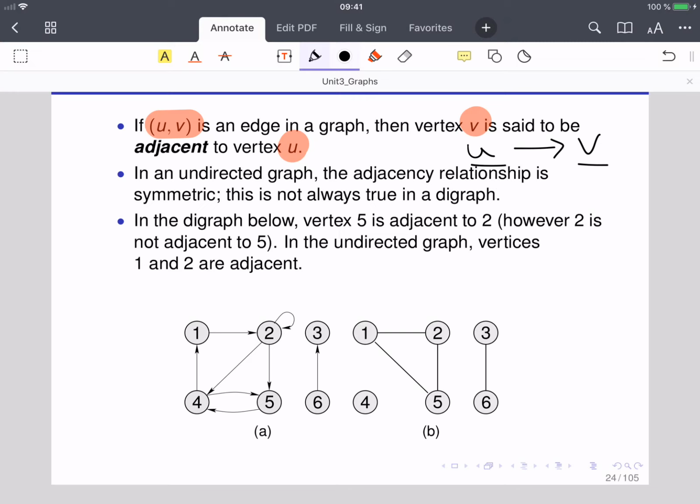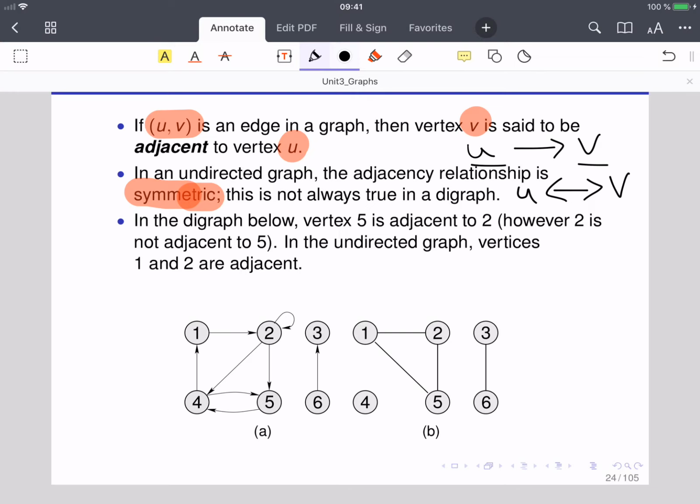In the case of a graph that is not directed, this adjacency relationship is symmetric. Because if I can go from U to V, I can also go from V to U. So in that case, we have like a double arrow. We can go from U to V and also from V to U. So both vertices are adjacent.